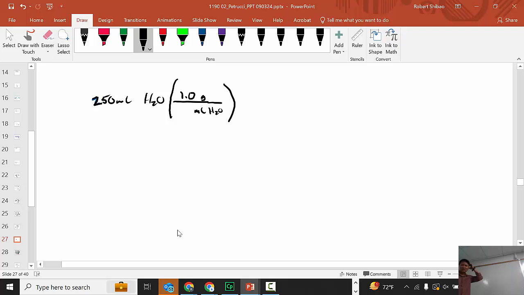But anyway, we're just going to go with this. 1.0 is not very quantitative or precise, but it would span a wider range of temperatures. So we're just going to assume it's about 1.0 grams per milliliter.